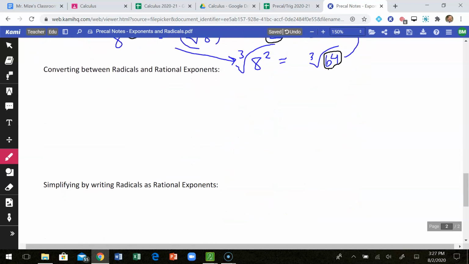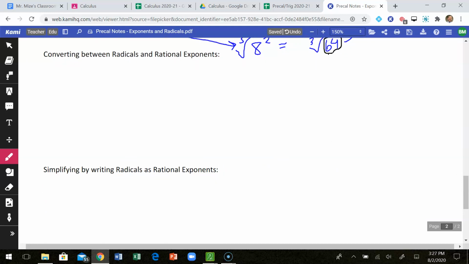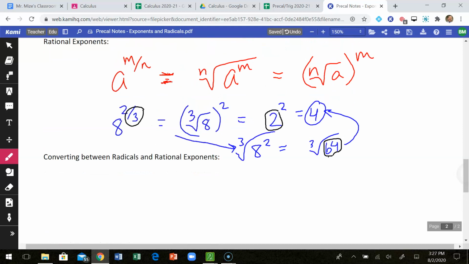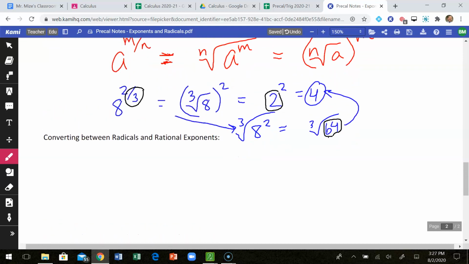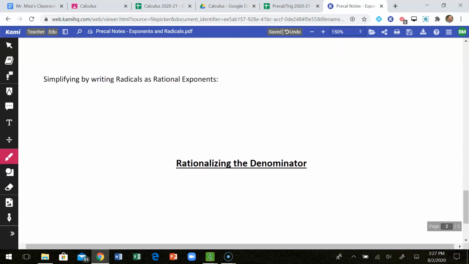Okay. All right. Converting between radicals and rational exponents, I kind of just covered that with this rational exponent idea. Sometimes you're going to want to use that, and it'll be helpful to do some operations, which I'll show you in just a second. But consider this to be kind of the same thing as what goes underneath here. So simplifying radicals as rational exponents.